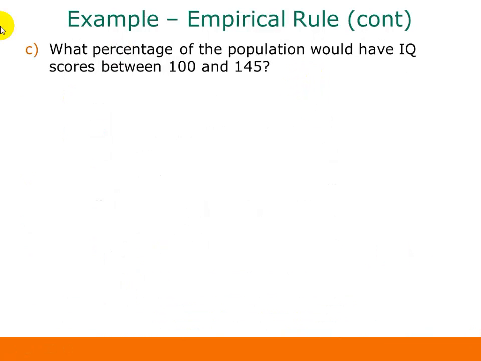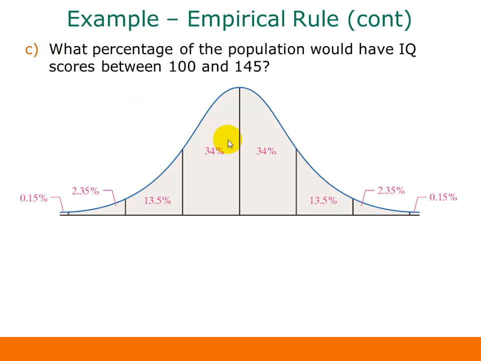What percentage of the population would have IQ scores between 100 and 145? If we look at the picture of our bell-shaped distribution in our empirical rule, what we need to do is locate these two values in our picture. The 100 was actually the mean, so that would be the value right here in the middle.